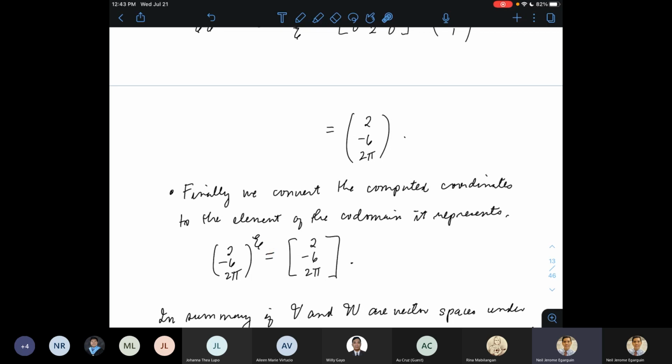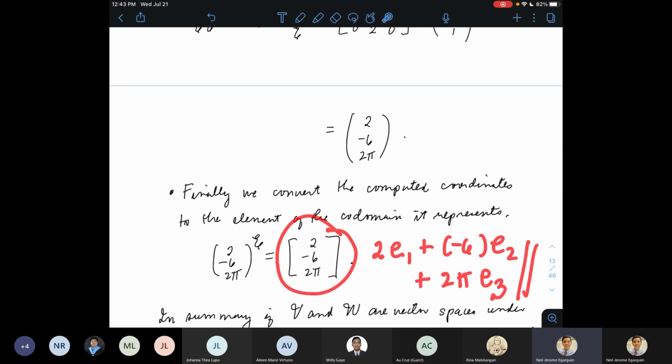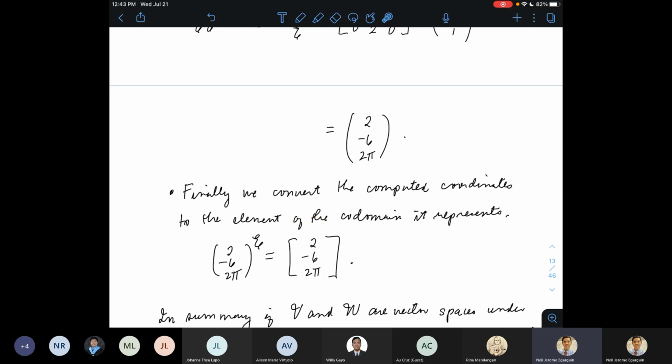And if you do that manually, you'll have 2, the first entry in the first coordinate, times the first basis element plus -6 times the second basis element plus 2 pi times the third basis element. Kasi yung ordering ni E ay E1, E2, and E3, just the canonical basis. And if you expand this out, you will get this guy, which is exactly what we expect since it is simply the doubling operator. All right? Is that good?